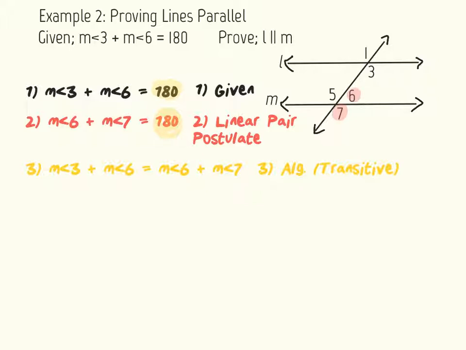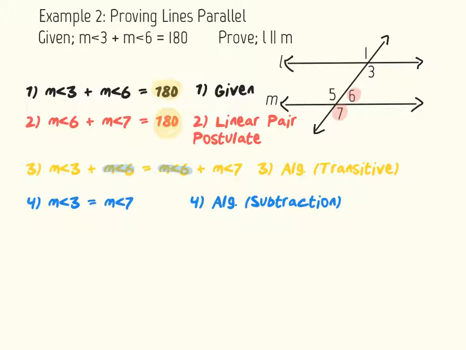The next step is, now we're going to do a little bit more algebra, because there is a measure of angle 6 on both sides of the equal sign. We can get rid of those. So we have the measure of angle 3 equals the measure of angle 7, and that's by algebra, the subtraction property.